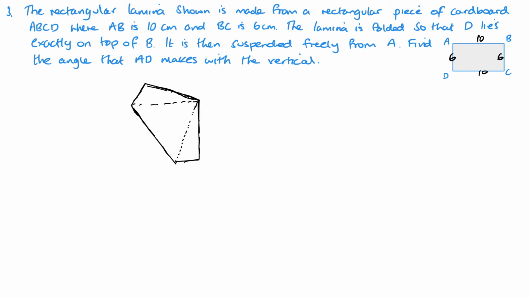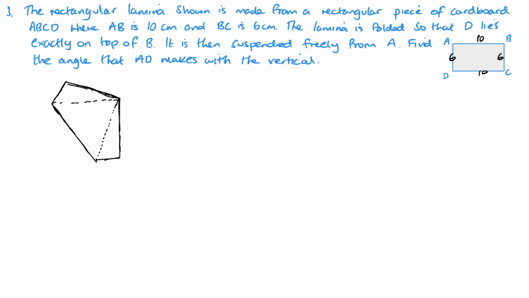So what I've ended up with is this triangular part here is double thickness. This bit is single, this bit is single. Not an easy thing to visualize. I've actually done it cheating a little bit because I've folded a piece of paper myself, but yeah, not the most ideal thing to do here.